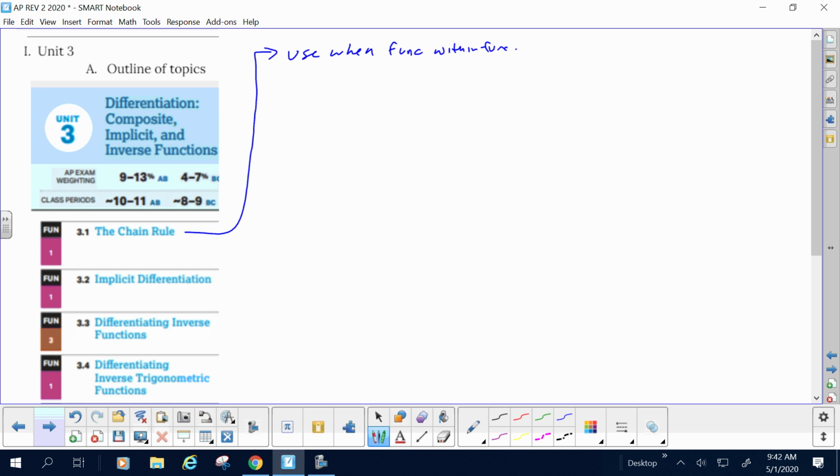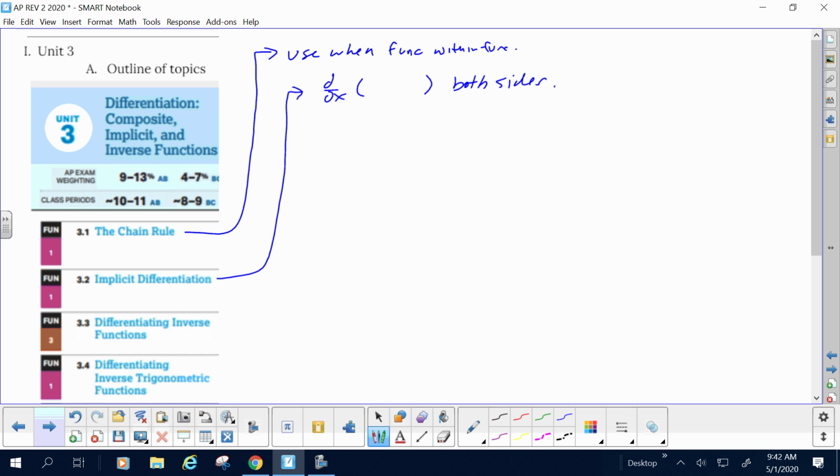Implicit differentiation, remember, usually you take the derivative with respect to x of both sides. That's the proper notation. Anytime you get a y, you'll take the derivative of the inside, so dy/dx will pop up.